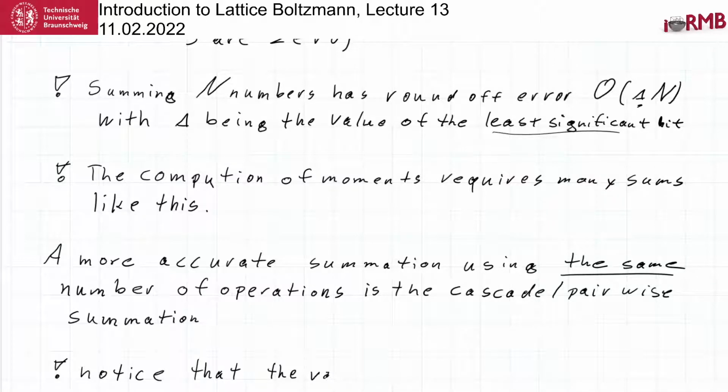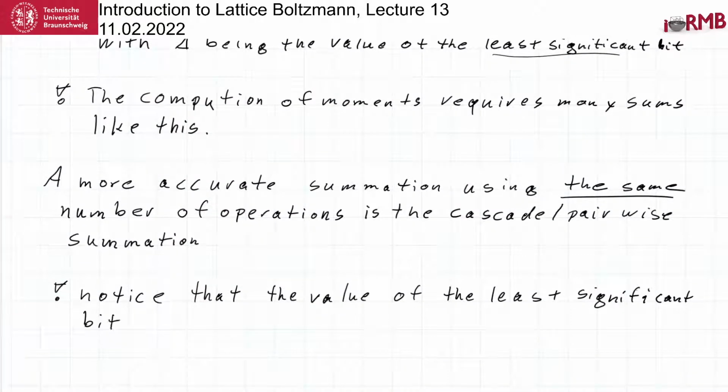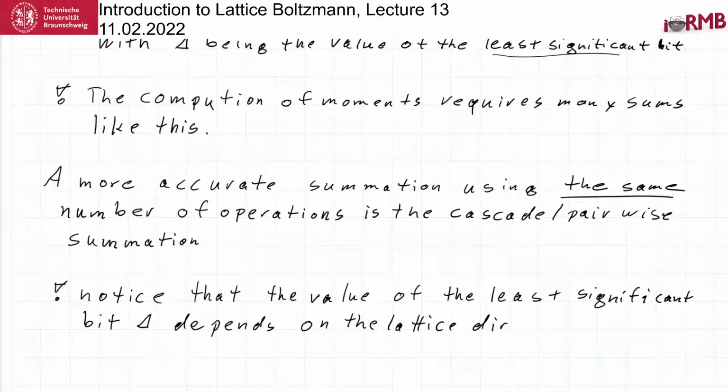The least significant bit delta is of course not a constant here. It depends on the lattice directions.